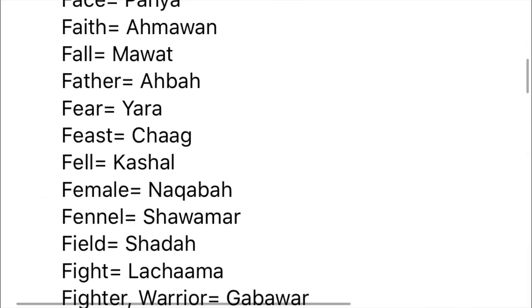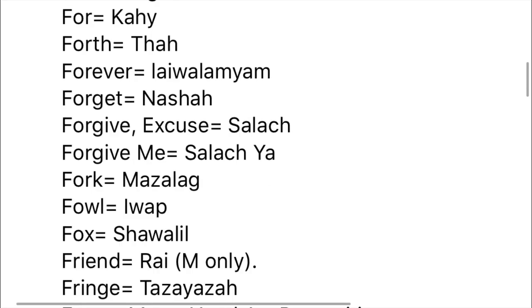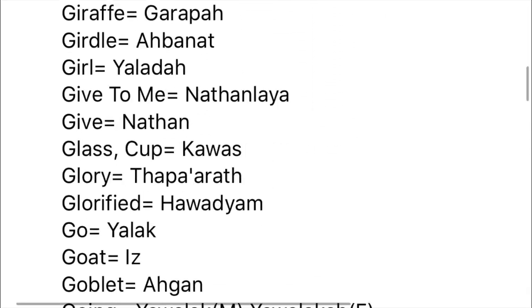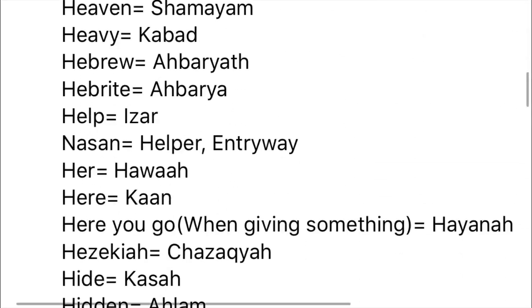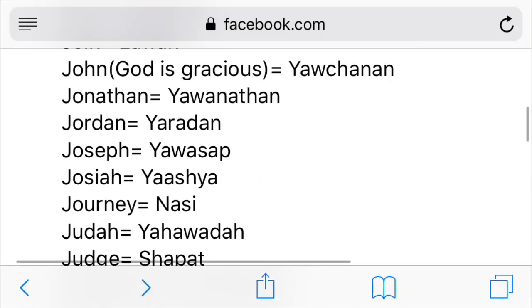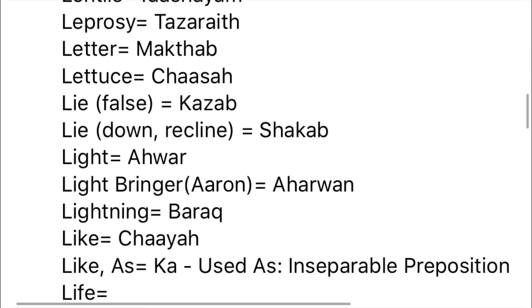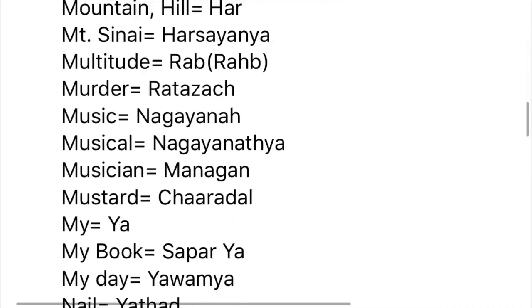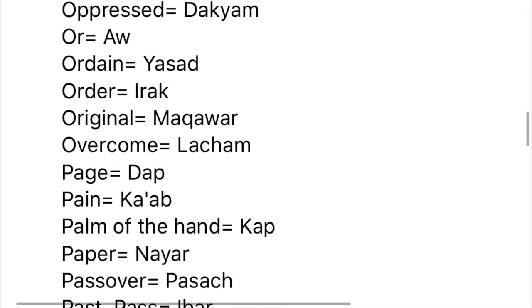As I scroll through here, it's worth noting that one of the knocks against modern Israeli Hebrew is the number of neologisms and especially new words that were created under the influence of European terms. Well, it can be said the same is true of Lashawan Quadash.